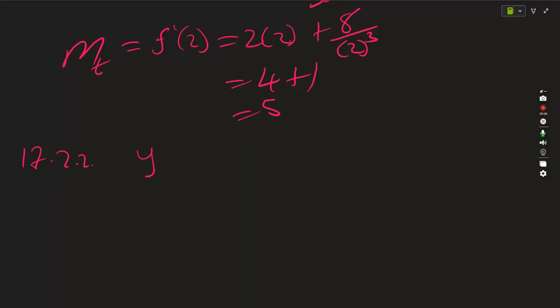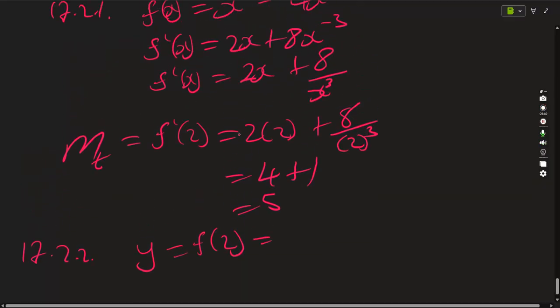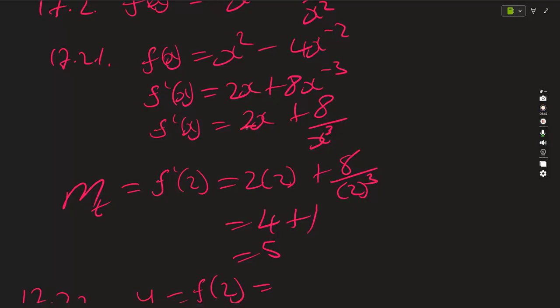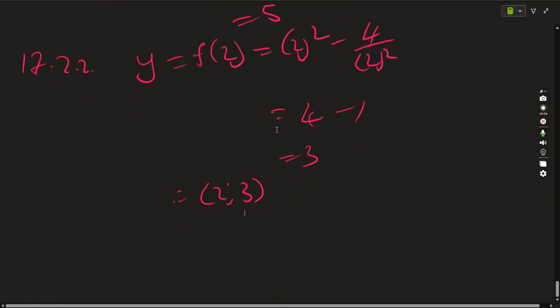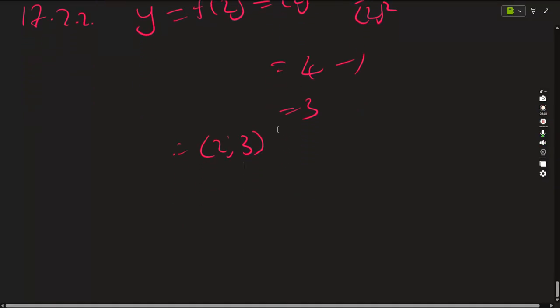So y is going to be f at 2, which means we substitute into the original function, which is 2 squared minus 4 over 2 squared. So that is going to be 4 minus 1, which is 3. So that means we've got 2 and 3. So 2 and 3 is the point of contact.